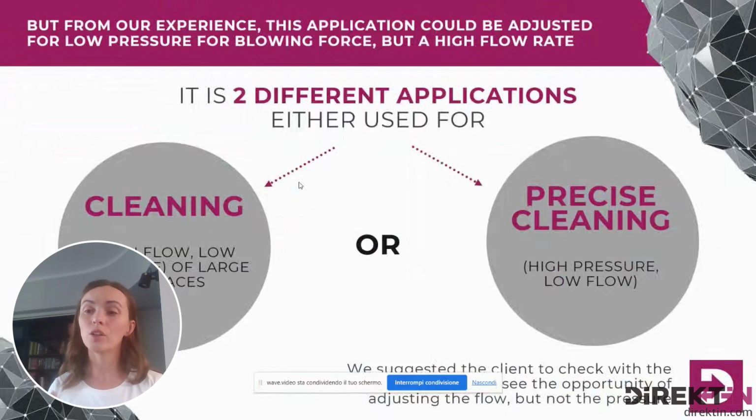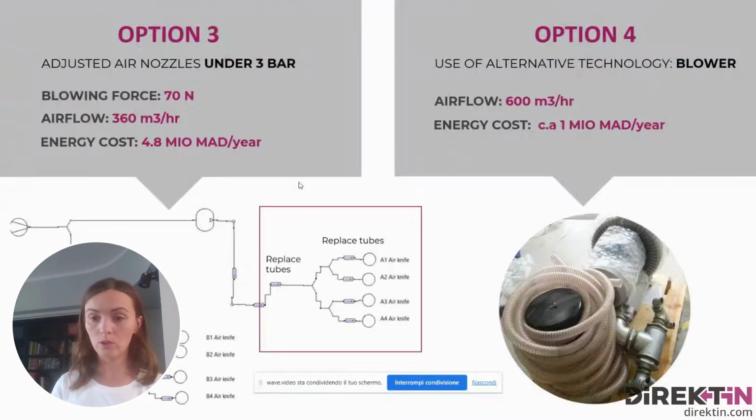In this case, high pressure is required and low flow. So you see the difference. Sometimes for large surfaces, you don't need a high blowing force, rather you need a high flow to cover them. Those two physical parameters in compressed air, pressure and flow, can be balanced, and you can find the perfect balance here.